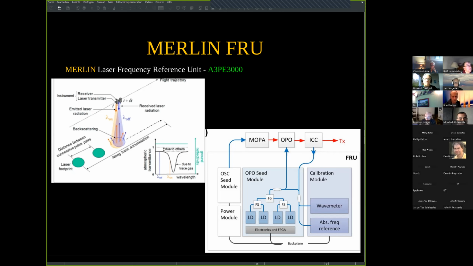So we have the absolute frequency with a wave meter, we have a relative deviation, and so we can precisely determine this point as well as this point.